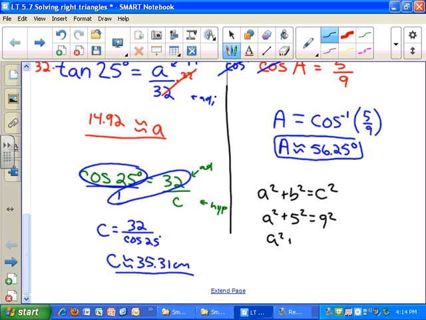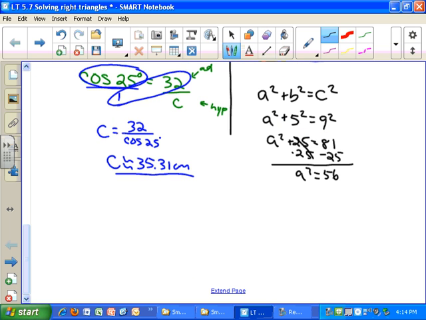So we've got a squared plus 25 equals 81. So we can subtract 25 from both sides. a squared equals 56, which means that we have to take the square root of both sides, and a equals the square root of 56, or approximately 7.48.